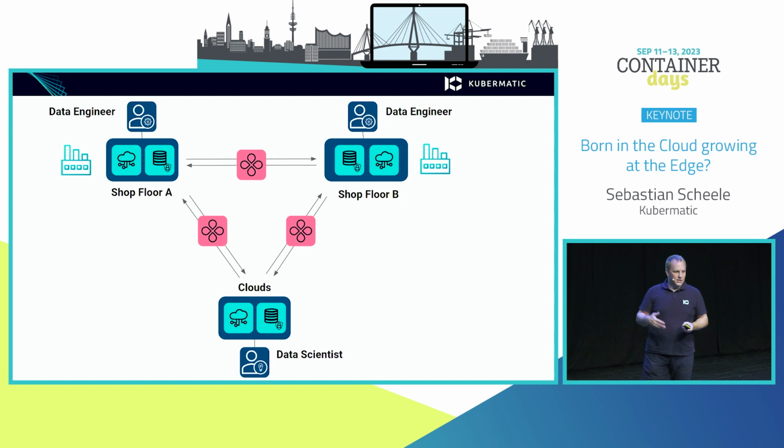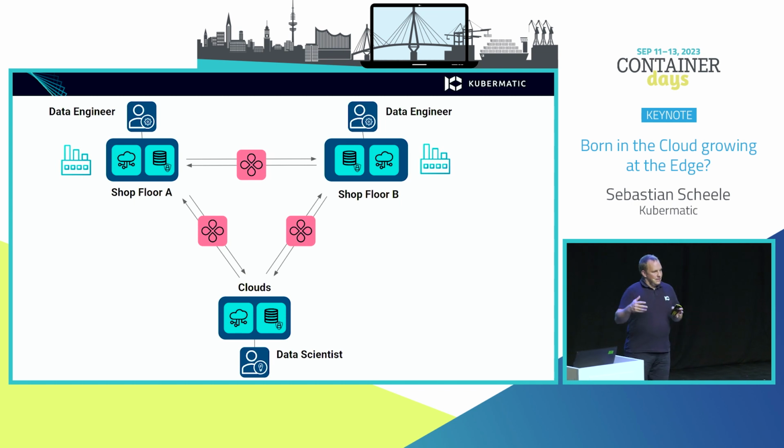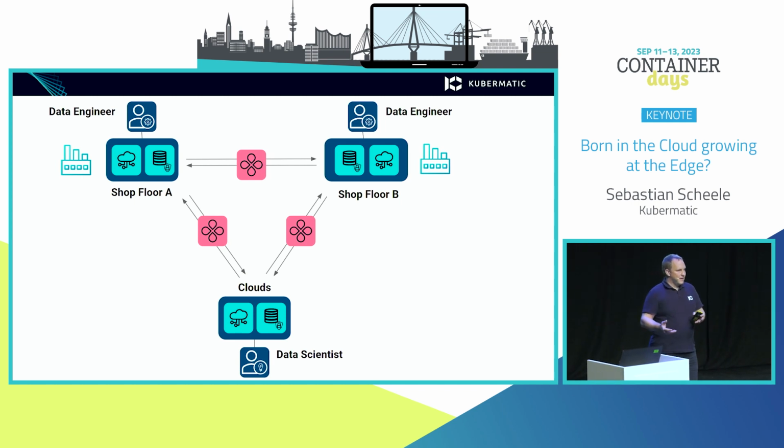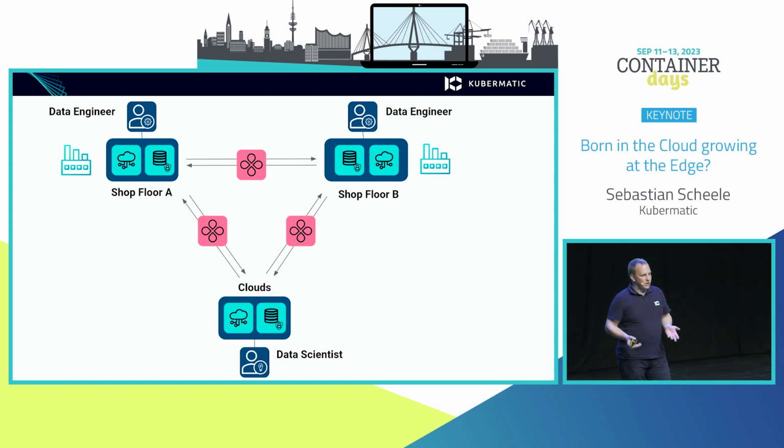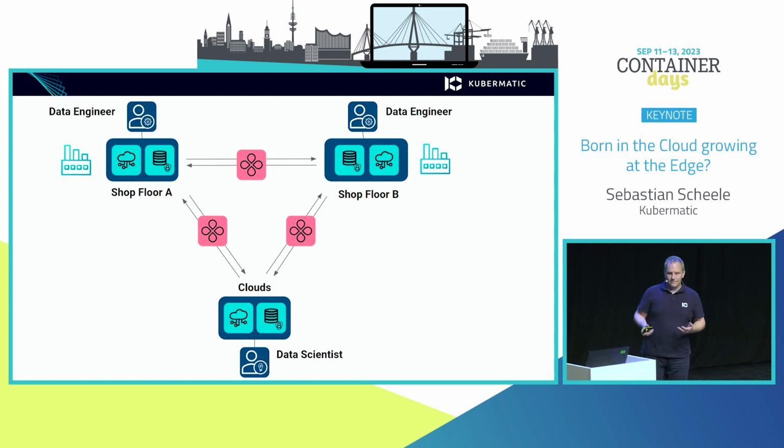But now with generative AI and other movements in the AI world, even more capabilities are coming up. You can potentially train your models in the cloud, but executing your models, you need to do on the shop floor or in the factory. And if you look at how much capacity AI workloads need to execute these models nowadays, you also need more and more capabilities on your shop floor to manage this.